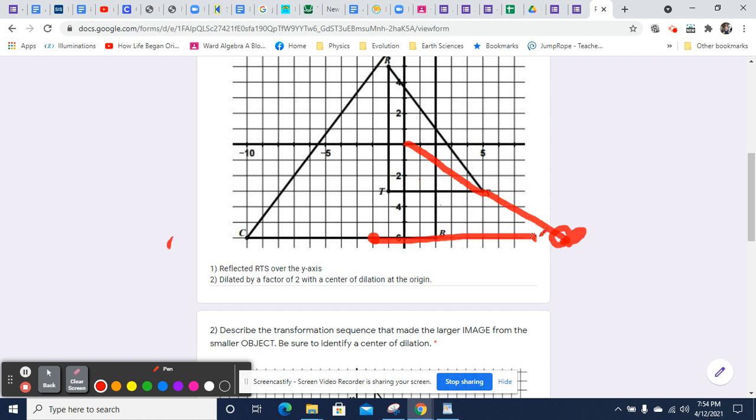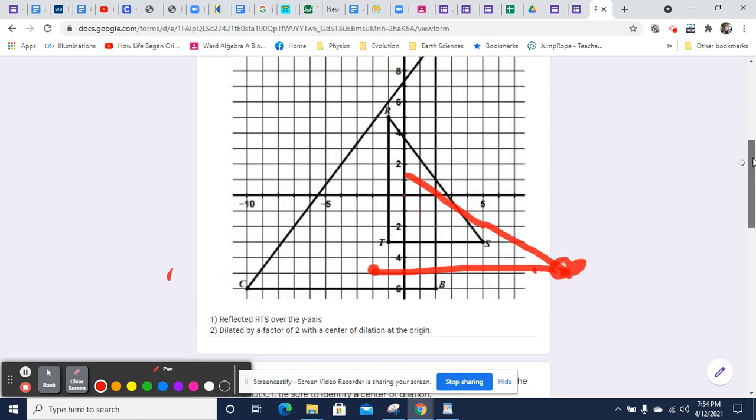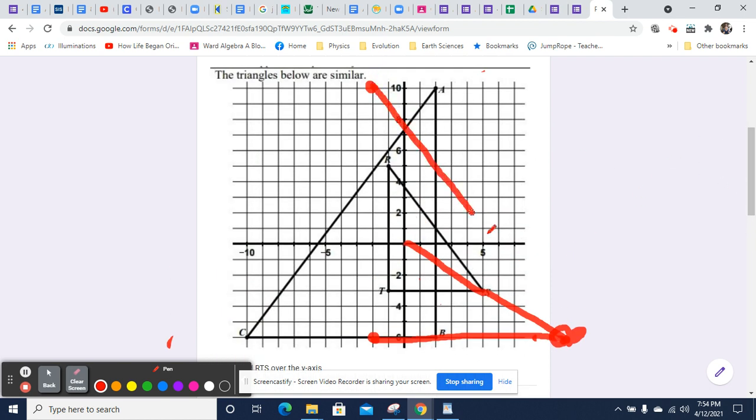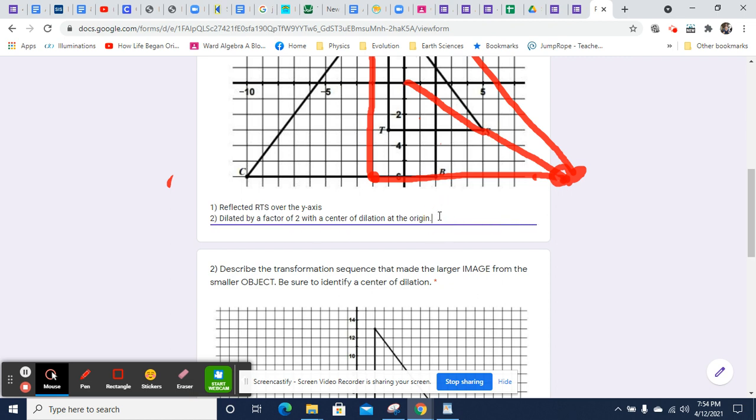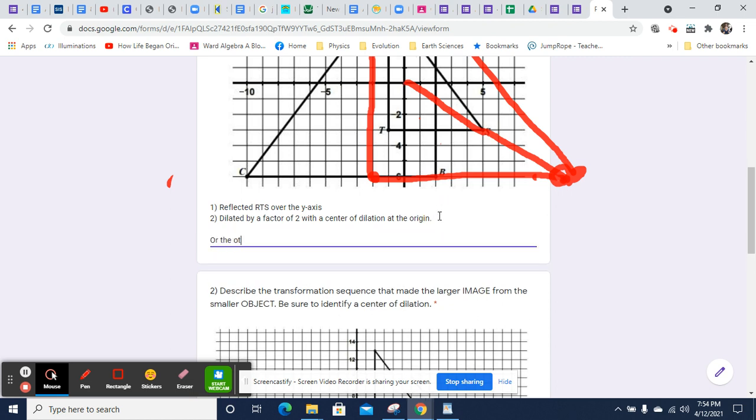And here's our new triangle like this. And that new triangle could just be reflected to make ABC, because this is a mirror image. So I could have done it in the other direction, or the other way around.